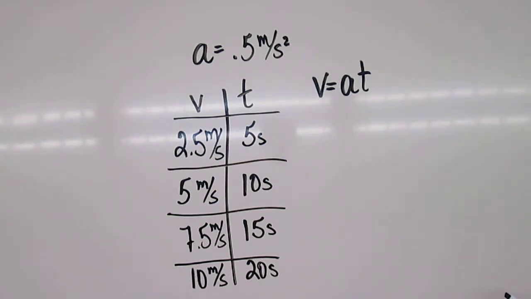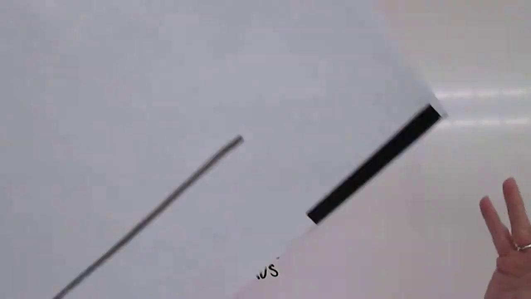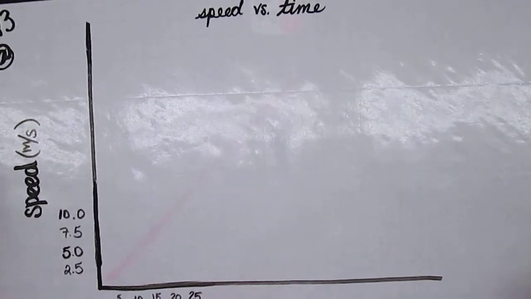Now that we have those numbers established, we'll create our graph. So we have speed versus time. I've set up the speeds on the axis, and then I've got the time down here on the horizontal.